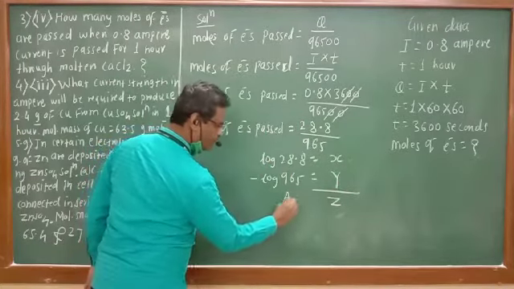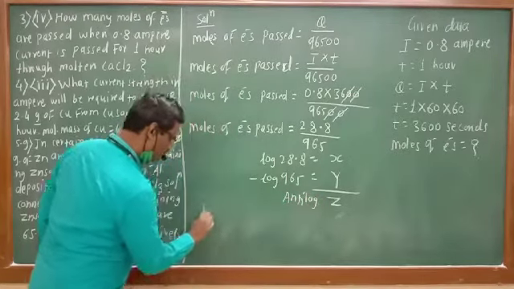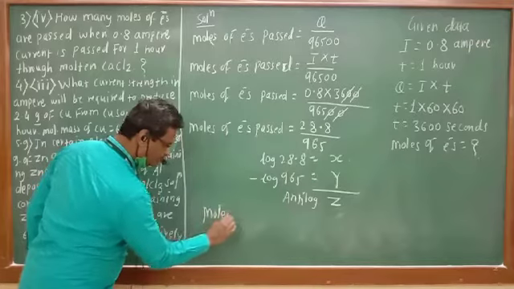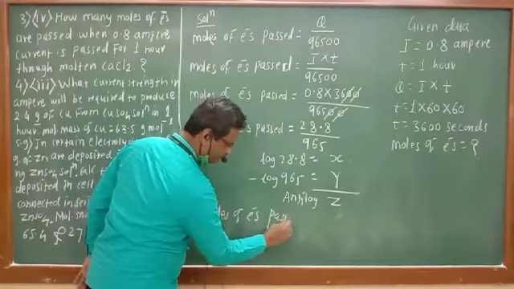And then what we have to see? We have to see the anti-log of z, and that is nothing but the moles of electrons passed.